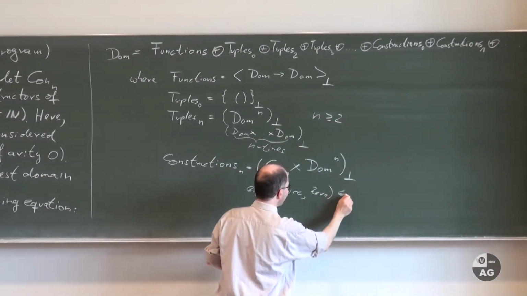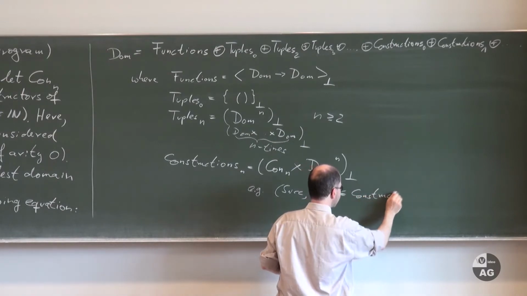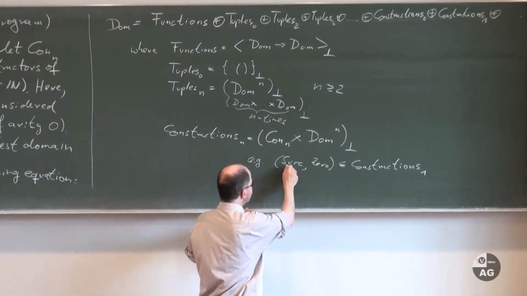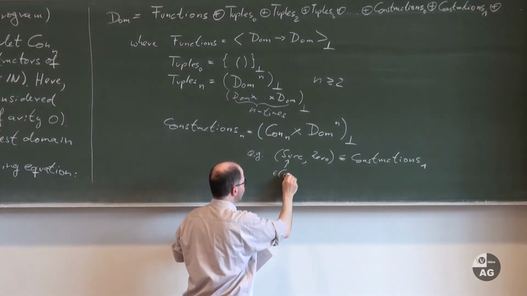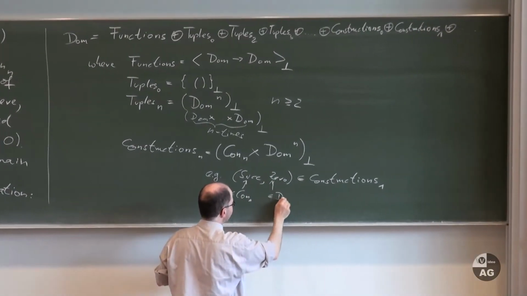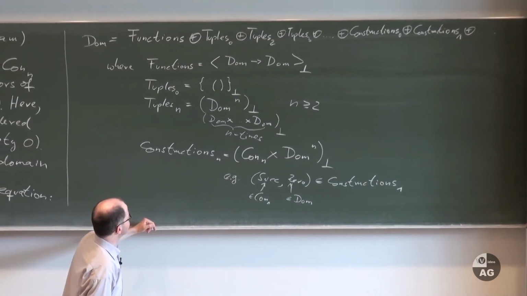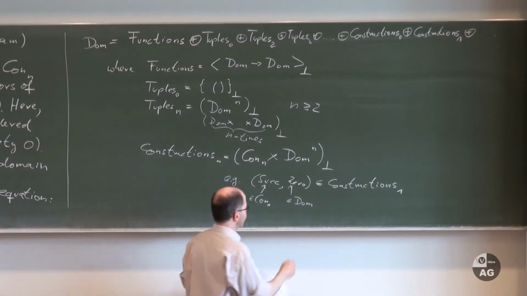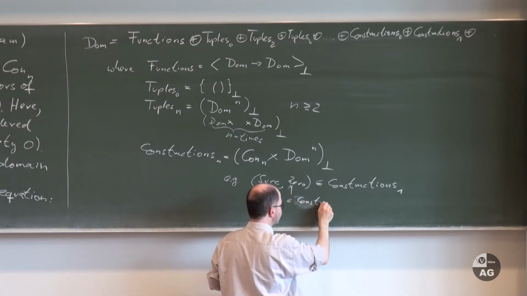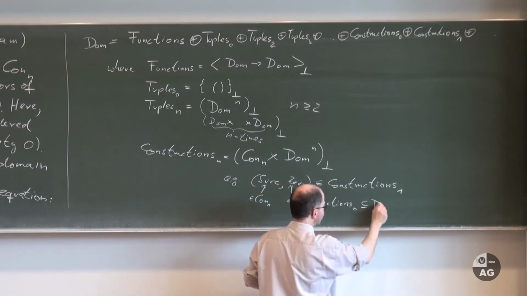This would be an element of constructions 1. Why? Because this is an element of con 1, and this is an element of DOM. And why is this an element of DOM? Because it's an element of constructions 0, which is a subset of DOM.